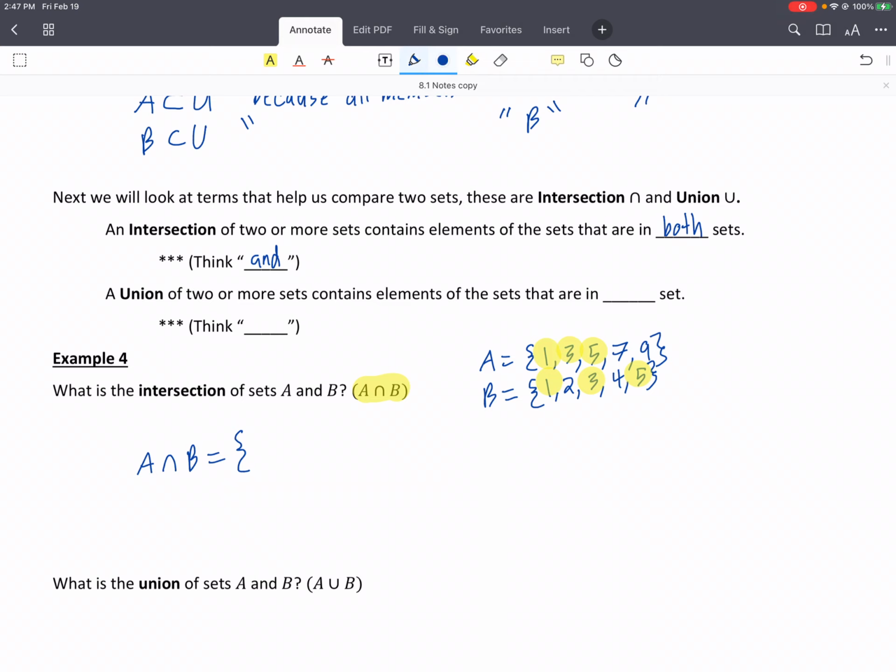So we would write our set A intersect B as the numbers 1, 3, and 5.